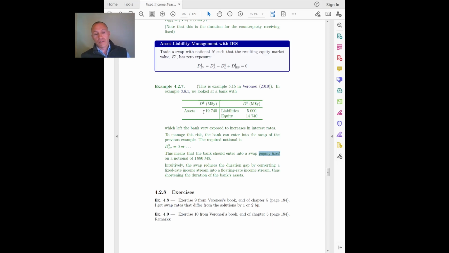So the net effect is that these assets that had a big duration now have a smaller duration. It is as if the assets had a smaller duration, which is more in line with the duration of the liabilities, and therefore the net becomes, in this extreme example, risk-free with a dollar duration of 0. Okay.